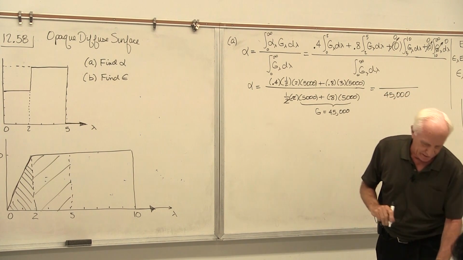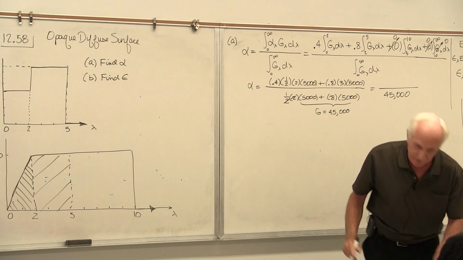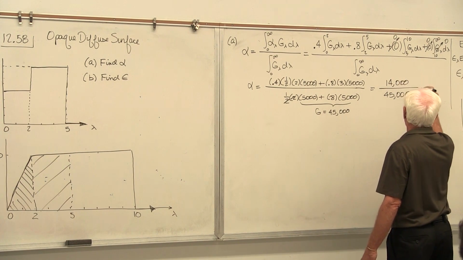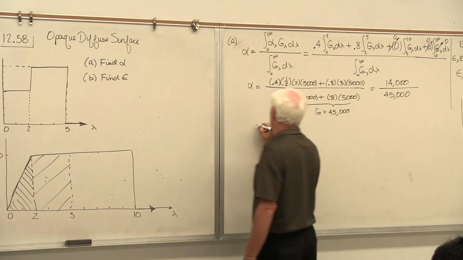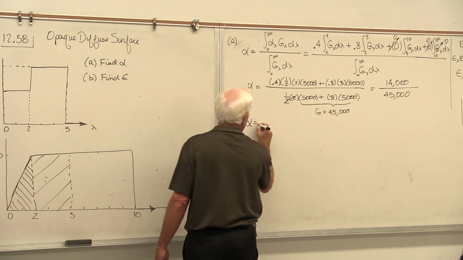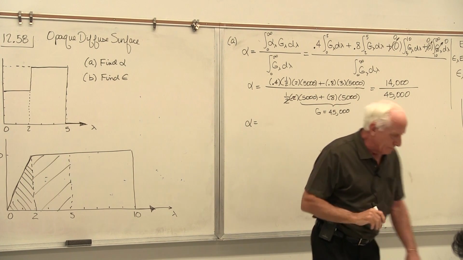I think that's 14,000. Let me just verify it. Yeah, it's 14,000. So we end up with alpha equal to 0.311.